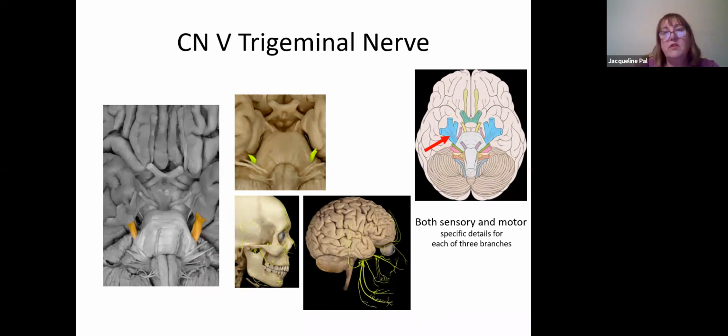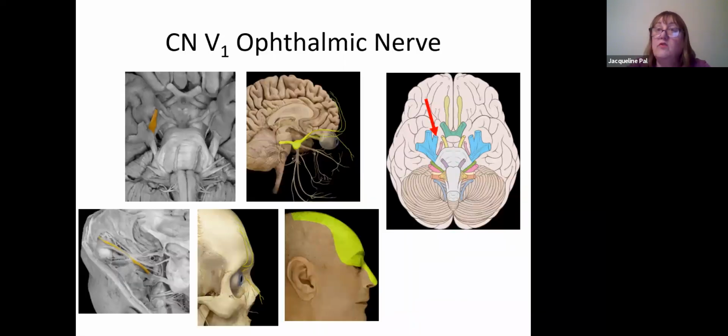So you have to learn the 3 branches of the trigeminal nerve and each individual pathway and what they do. So the first branch, which is called V1, V for 5 and a little sub 1 because it's the first branch, is the most medial or most superior of the 3 branches, and that's known as the ophthalmic nerve. I want to point out the spelling is O-P-H-T-H because a lot of students misspell that ophthalmic word. It's a little bit difficult.